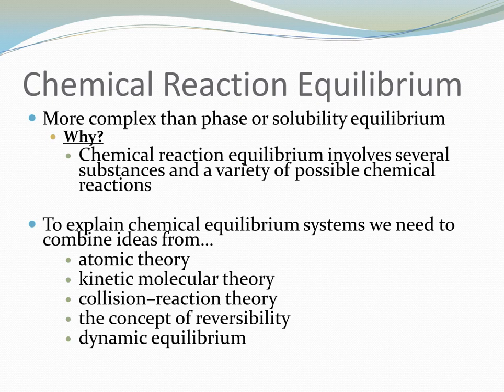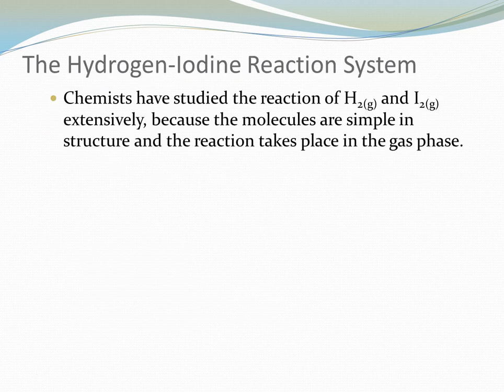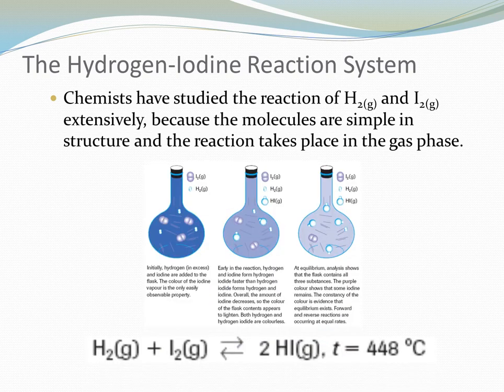Chemical reaction equilibrium involves actual chemical reactions. The hydrogen iodine reaction system is commonly studied to help understand chemical reaction equilibrium. Notice how all the entities in this sealed flask, the hydrogen, iodine, and hydrogen iodide, are in the gas form.